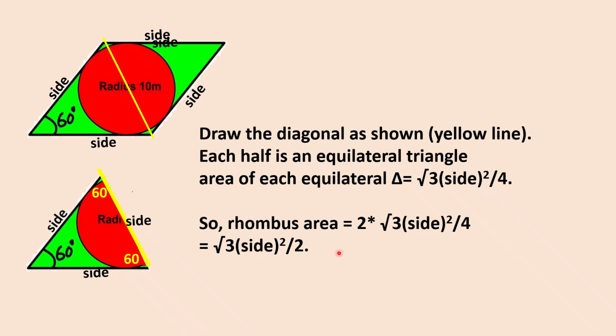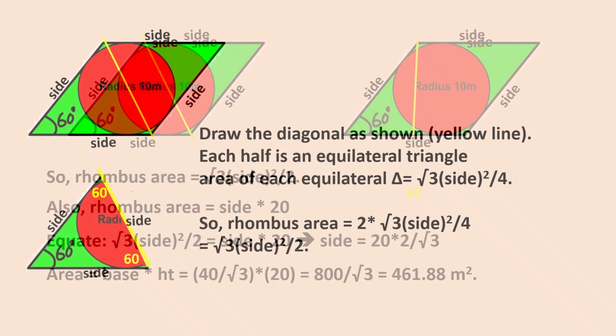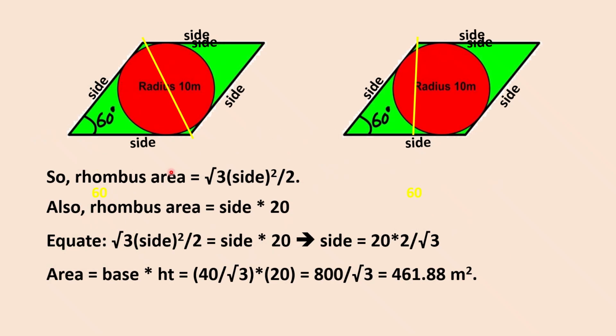So the rhombus area would be 2 into root 3 side square by 4, that is root 3 side square by 2.